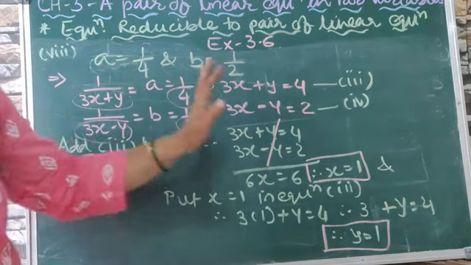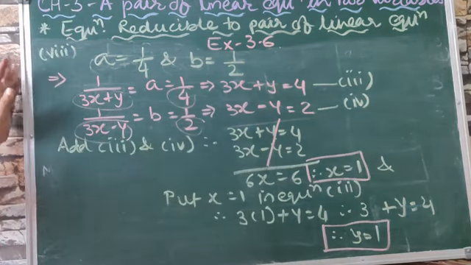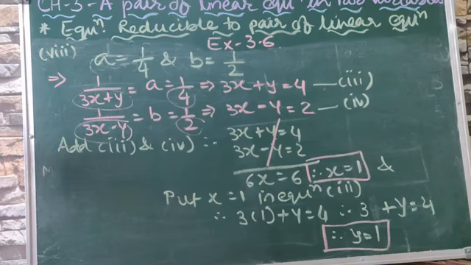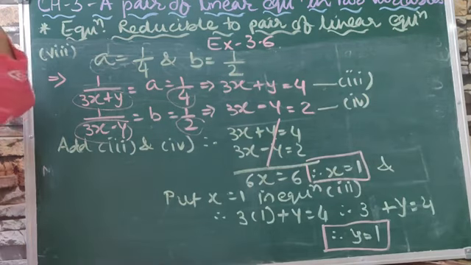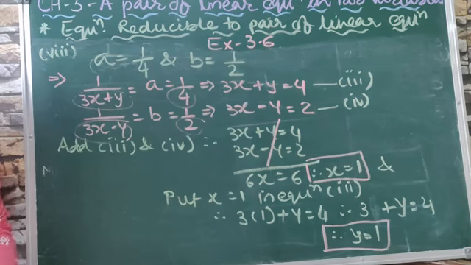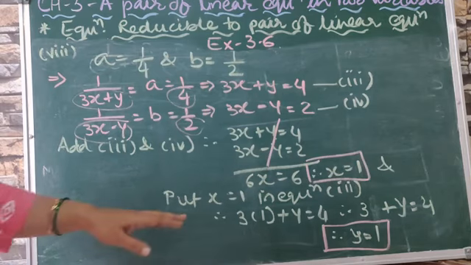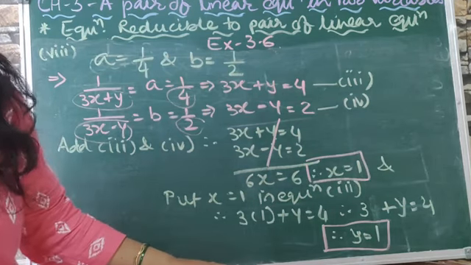In this way you can solve such type of example in which a pair of linear equations is not given in standard form, and you have to convert it into the reducible equation form, convert into standard form, and then get the solution of x and y.